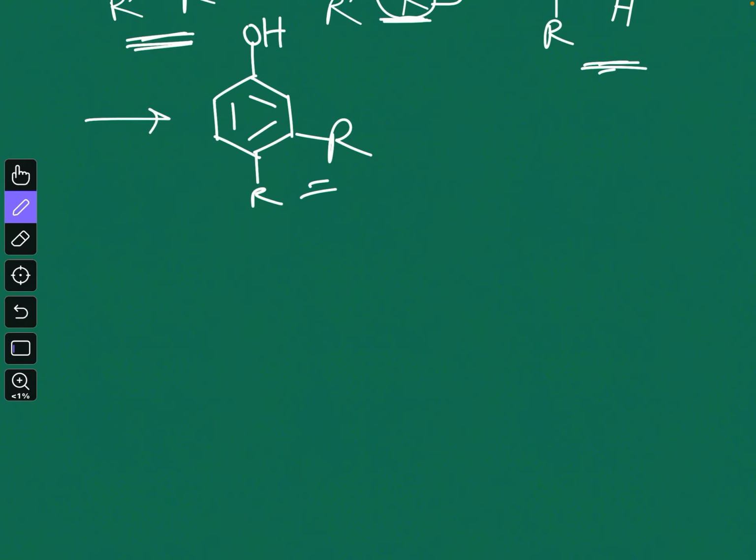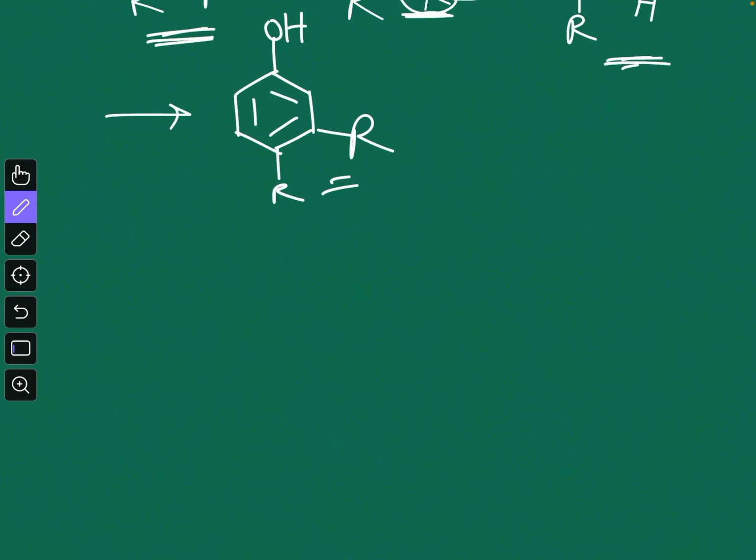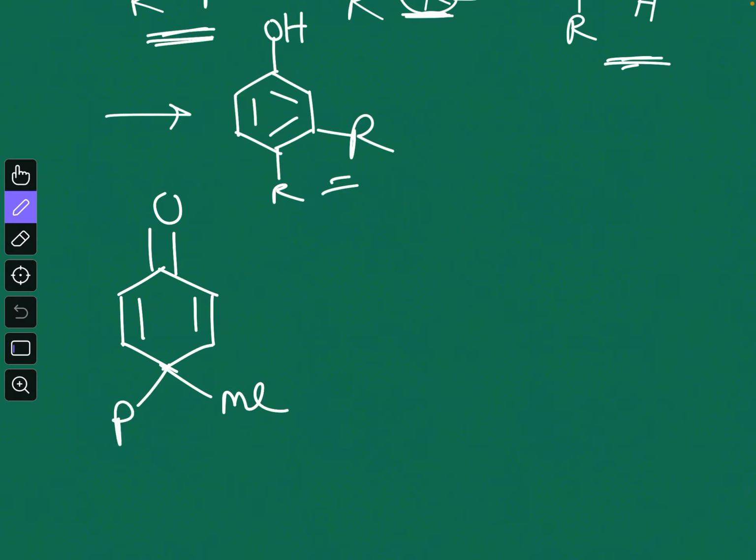Now let us talk about some very important examples of this. Here we will introduce the migratory aptitude part. Let's say you have this species where you have two different groups, a methyl group and a phenyl group. Now the question is which product you will get. You can have two products.